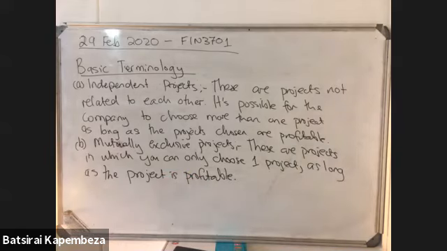Here you have some projects that you're trying to choose, but you are only allowed to choose one out of all the projects, as long as that project that you choose is profitable. So choosing one project automatically eliminates other projects. It means you're not allowed to choose more than one, but you can compare that with independent projects where you're allowed to choose more than one.